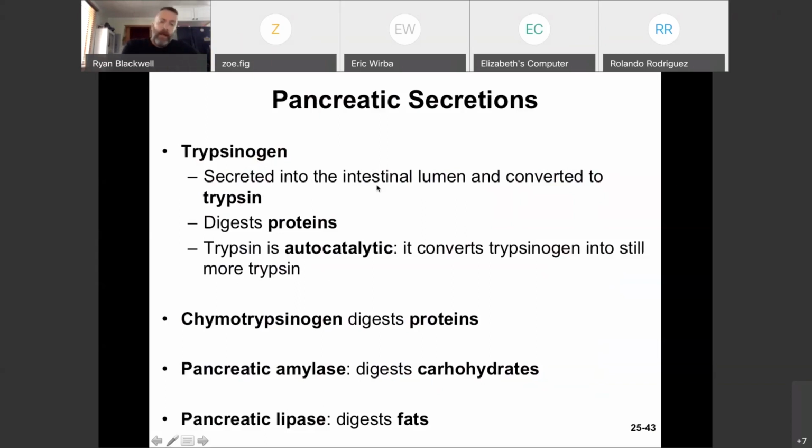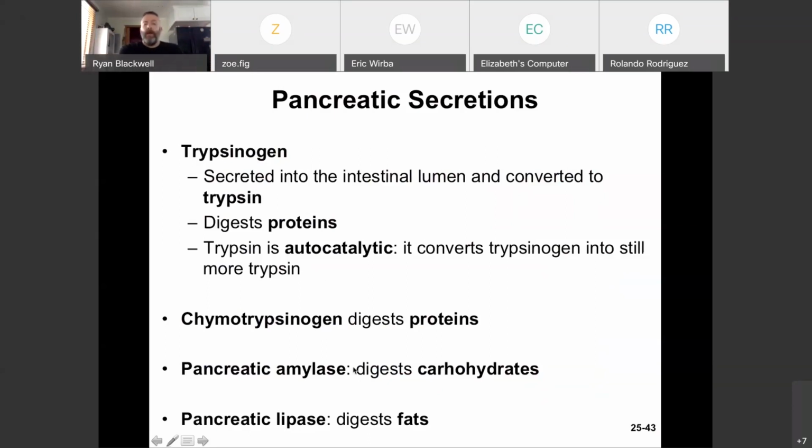It enters the lumen of the small intestine and gets converted into active trypsin, which completes the process of protein digestion. Trypsin and chymotrypsin, secreted by the pancreas into the small intestine, are the major digesters of protein. Hydrochloric acid and pepsin start the process. Trypsin and chymotrypsin finish the process.